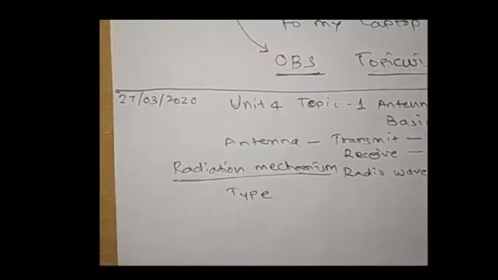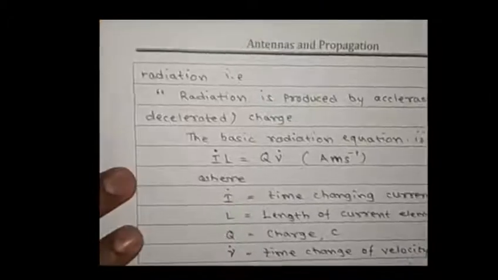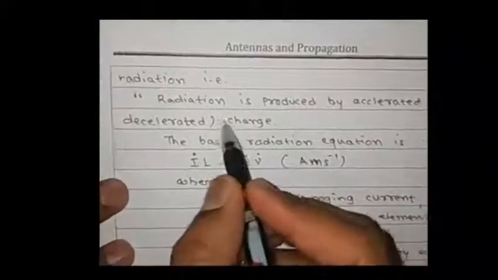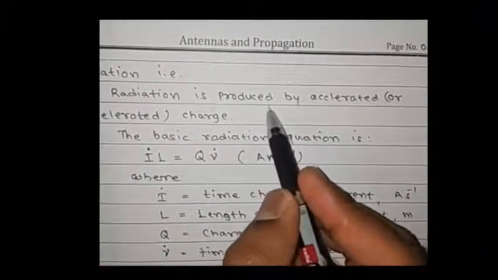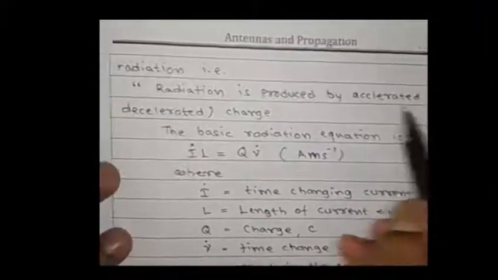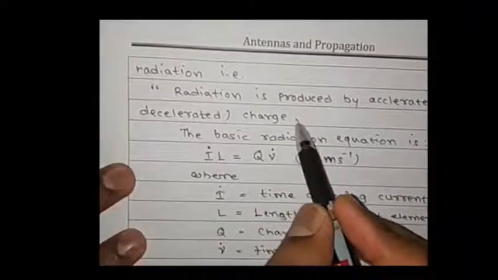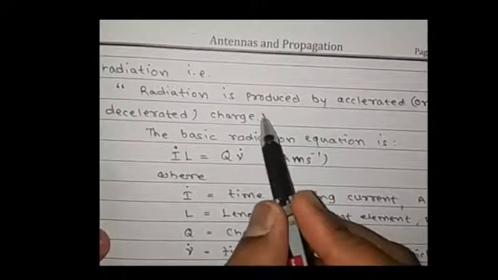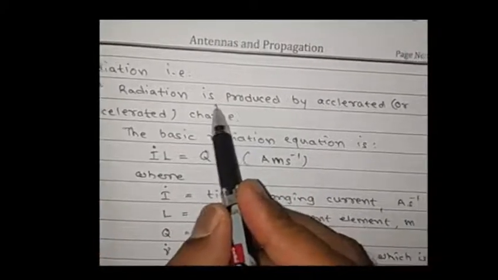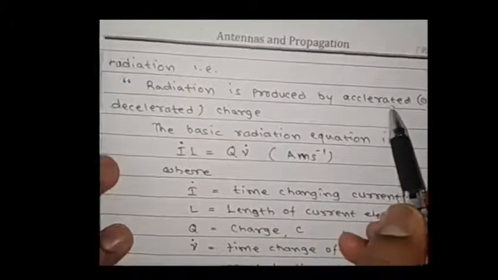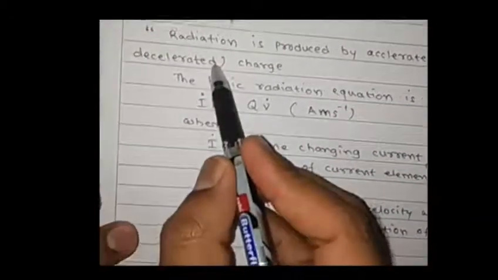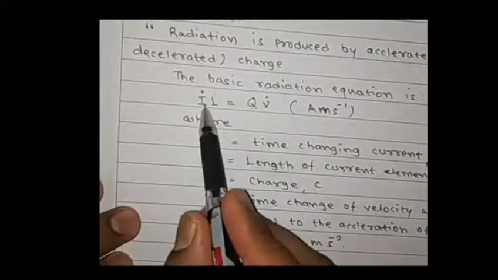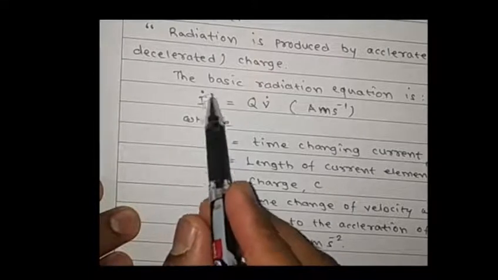In order to achieve this radiation, an antenna should experience an accelerated or decelerated charge, because we defined an antenna as a metallic device. So there are charge carriers moving in it, and the charge carriers are either accelerating or decelerating. Thus, the current flowing through the metallic rod is time varying.